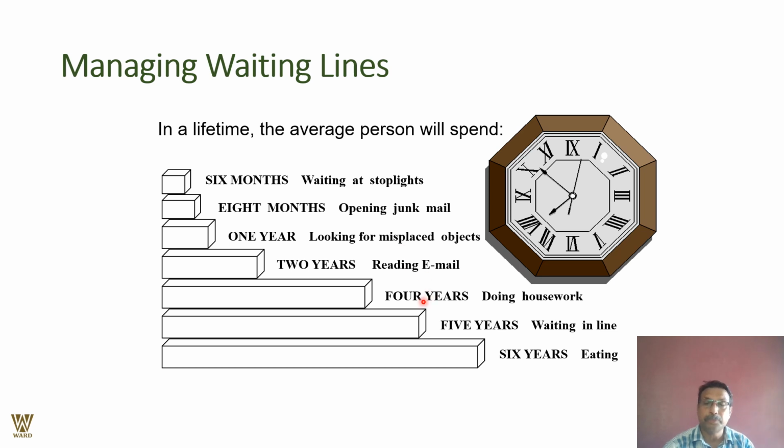Approximately 2 years opening and reading email. Approximately 4 years doing all household work, be it cleaning, fending, cooking, plumbing, everything related to your housework. 5 years just waiting in line. Look at the times around it. And we end up eating for 6 years throughout our lifespan.